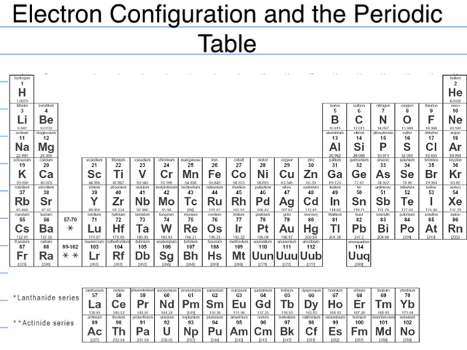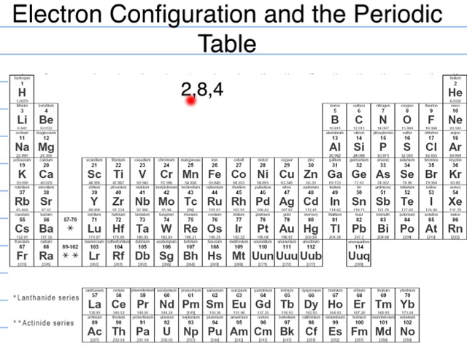So if we take another example, we'll write down the electron configuration, and it is 2, 8, 4. Okay, so 2, 8, 4 is the electron configuration.